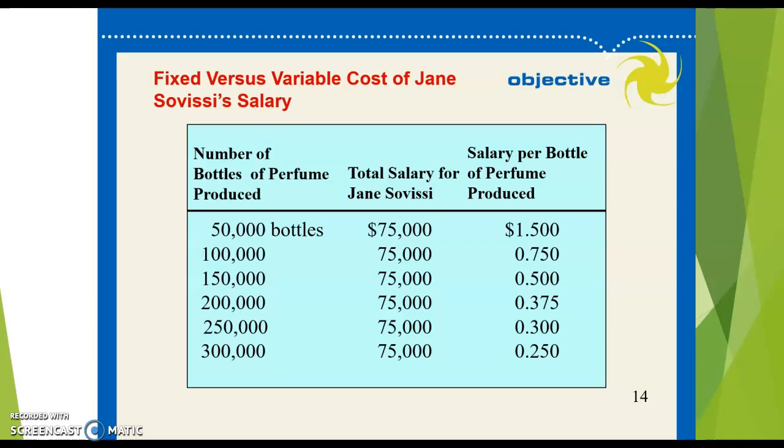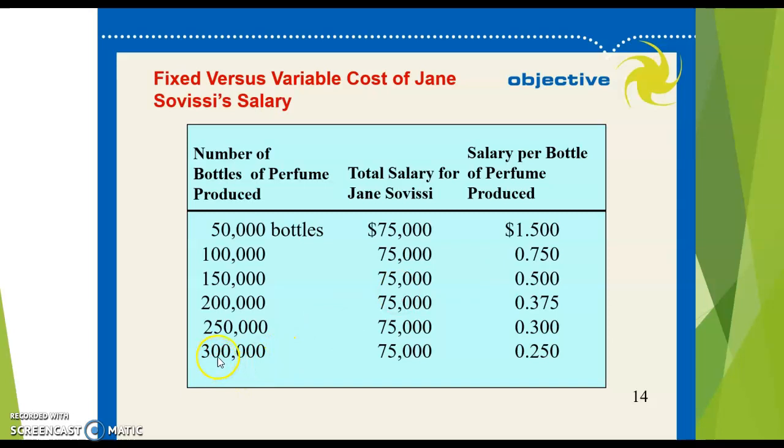But still, if we wanted to just see how much of her salary is per bottle, if we were making 50,000 bottles of perfume, we'd have $75,000 divided by the 50,000 bottles. That means every bottle is a cost of $1.50, every bottle is helping to pay Jane's salary.